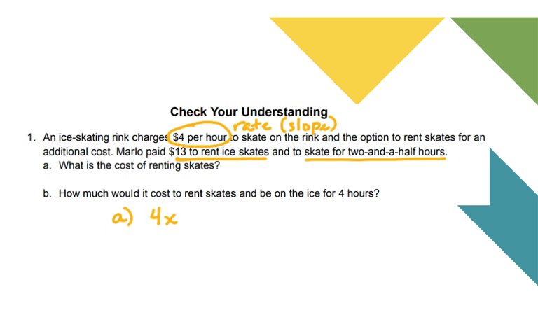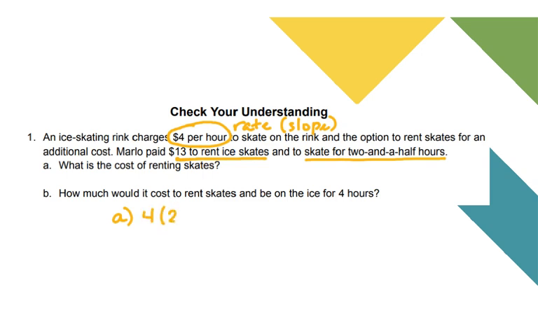In fact, no, let's not even call it X. Let's call it H. So 4 times H. Don't know how many hours it was, but that's okay. Oh, wait, back up. Yes, we do. We see that we are skating for 2.5 hours. So we can go back and say, wait, no, we know what we're doing here. It's $4.